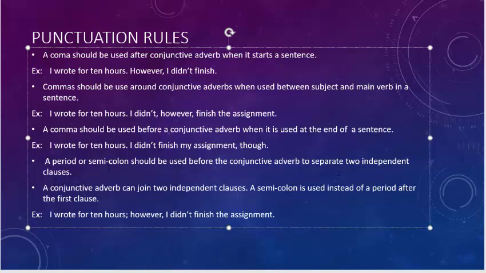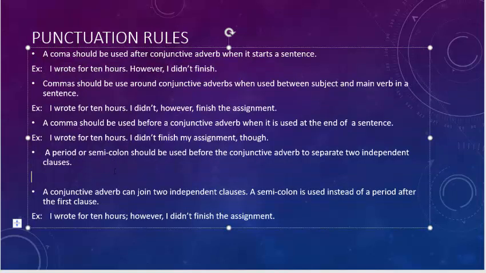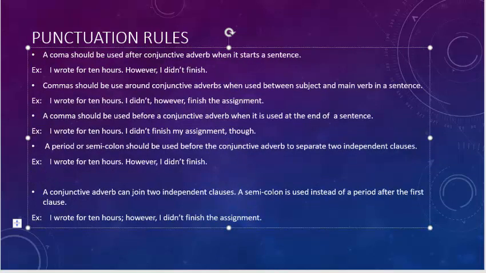A period or semicolon. Well, let's see it in this example. I will bring this example here, and I'll bring another example too, because we need two examples here. A period or semicolon should be used before the conjunctive adverb.